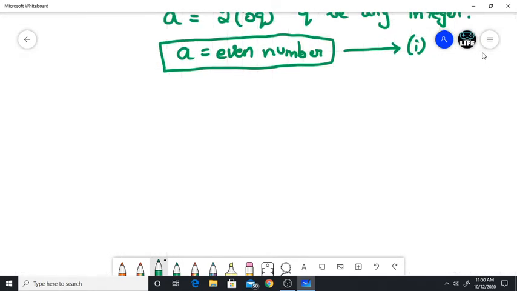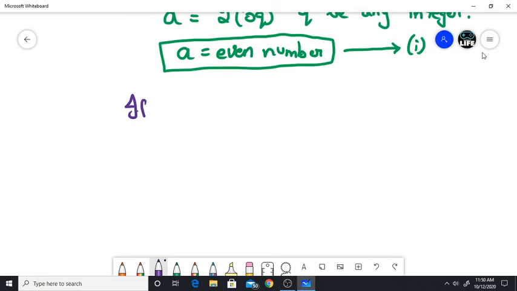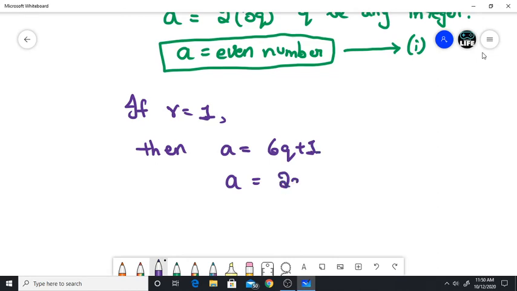Okay. Now if r equals 1, let's check what will happen. Then a equals 6q plus 1, which can be written as 2 into 3q, plus 1.